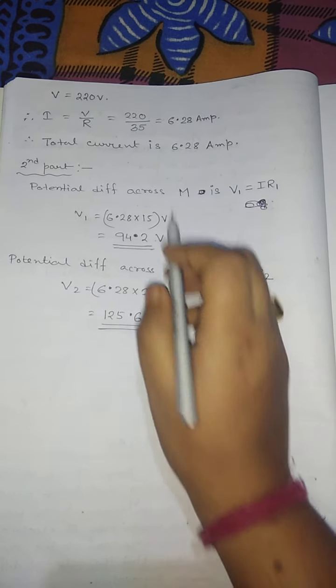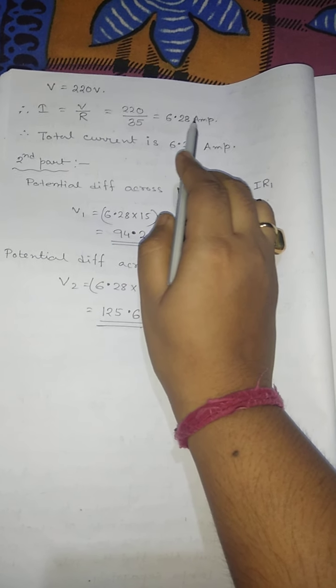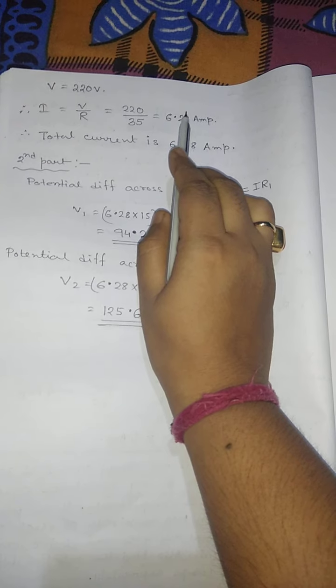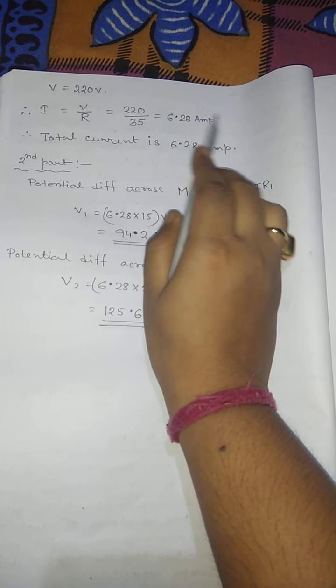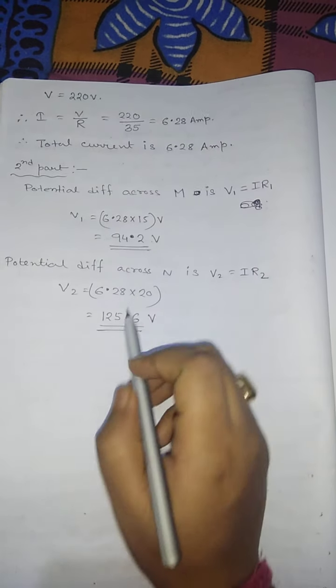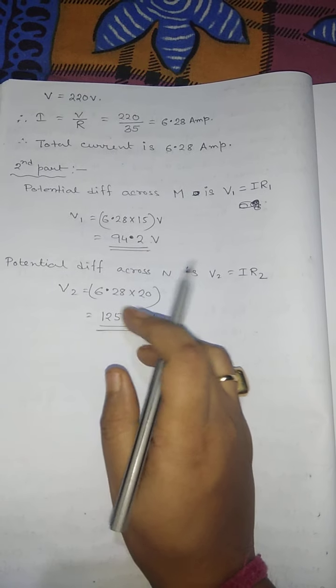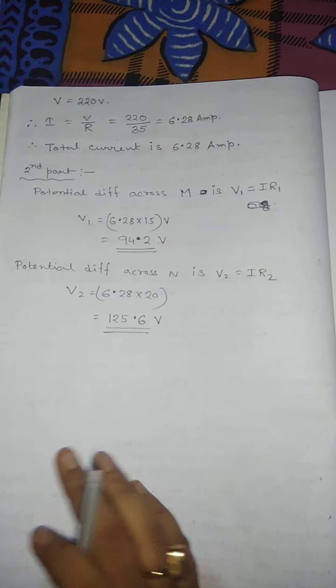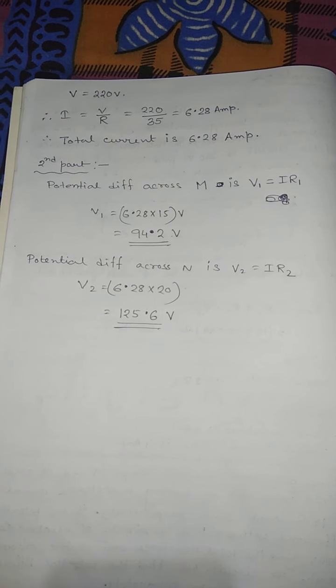Here we take up to 2 decimal places. If you take the whole number, you easily get 220. If you add these two, you get 219 point something, which is nearly equal to 220 volt. Okay, thank you.